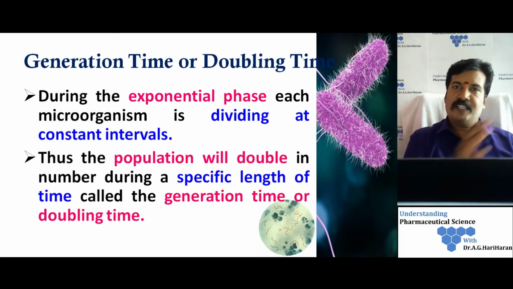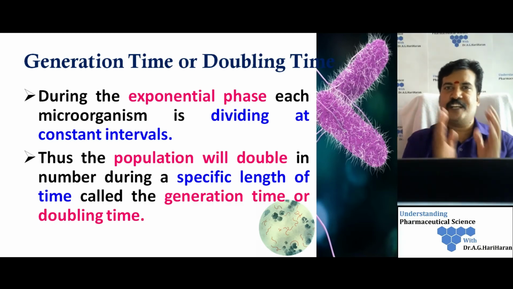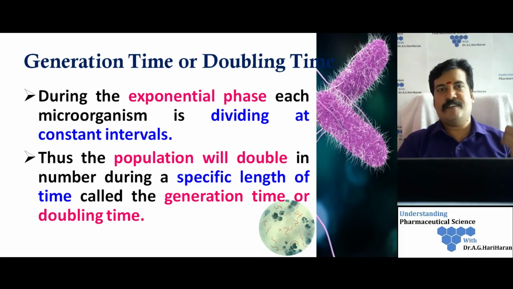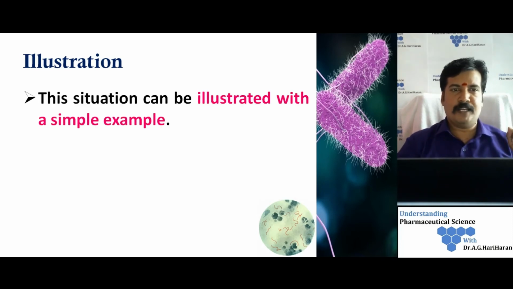So the population will double in a specific length of time, which we generally call the doubling time. So it is regarded as the generation time. One generation happened. After that, in the same time interval, the second generation will happen, and in a similar interval, the third generation will happen. I have explained this with a simple illustration.